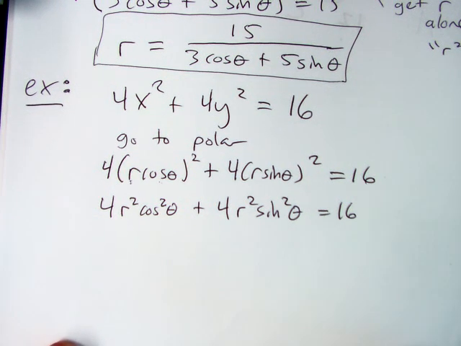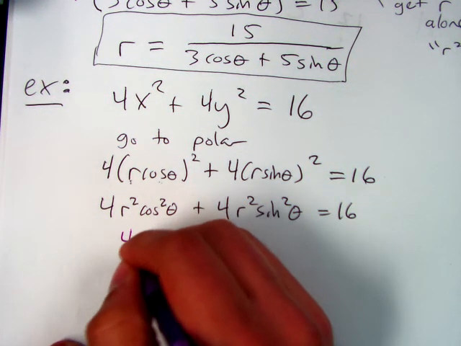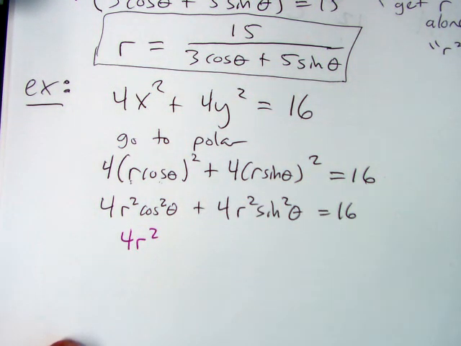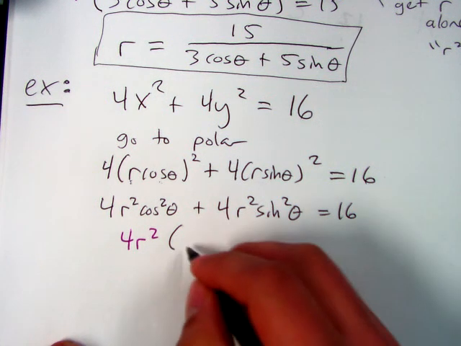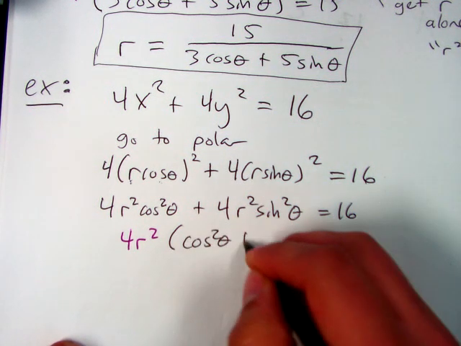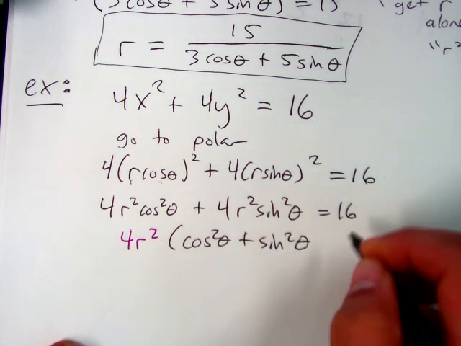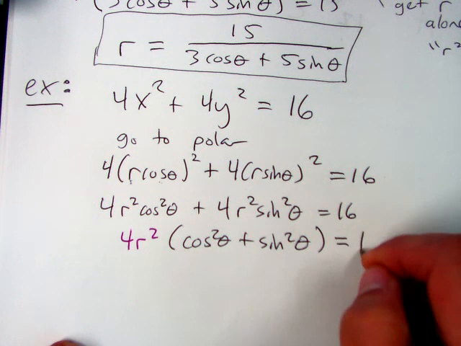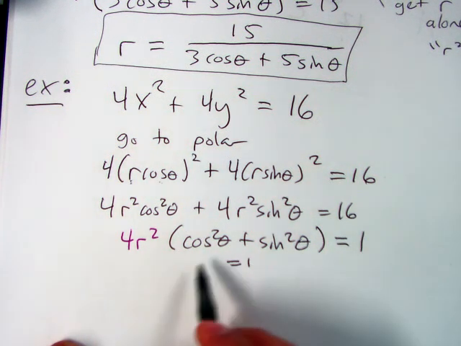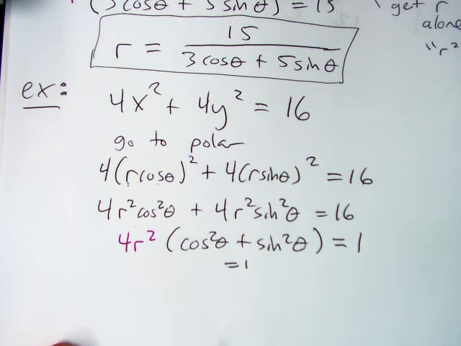Can we factor anything out? Very good. And now what's left? Cosine squared plus sine squared. Yes, it does. This part equals 1. Whoop, dropped a 6 back there. Nobody saw that. It's okay.